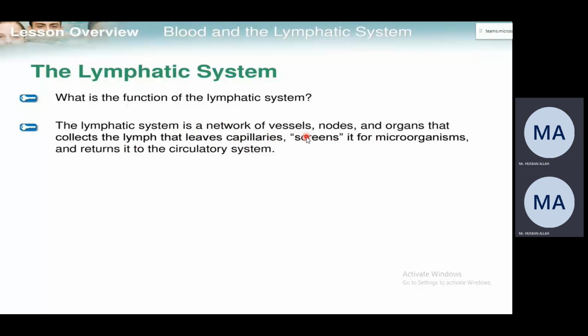The function of the lymphatic system, the nodes or vessels of the lymphatic system, is that these vessels, nodes, or organs have to check the blood which seeps out from the vessel.